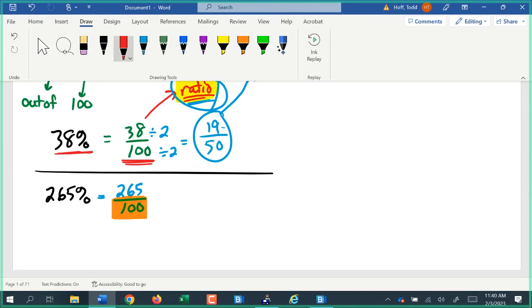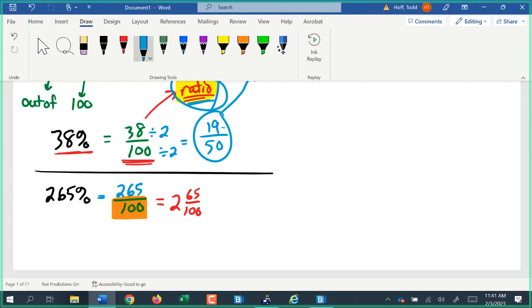Now, of course, first of all, this is an improper fraction. The numerator is bigger than the denominator. And at this point would probably be the easiest point to convert it into a mixed number because it's out of 100. We know that 100 goes into 265 twice with 65 left over. So that's a pretty easy division and remainder to convert that into the mixed number.